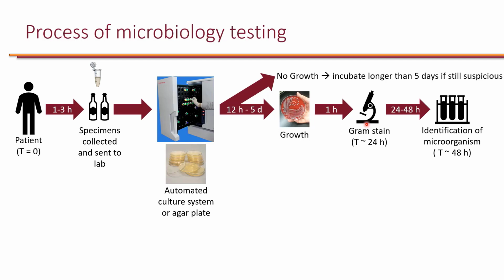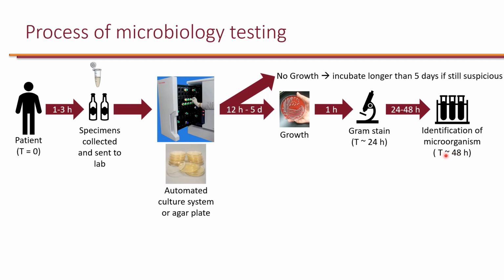And then there are a series of tests that will be done in the micro lab in order to identify. So this is where they do the lactase test and oxidase test and hemolysis test. And so there will be numerous tests that will be done, if applicable, in order to actually identify what the exact organism is. And that typically takes anywhere between 1 to 2 days after staining.